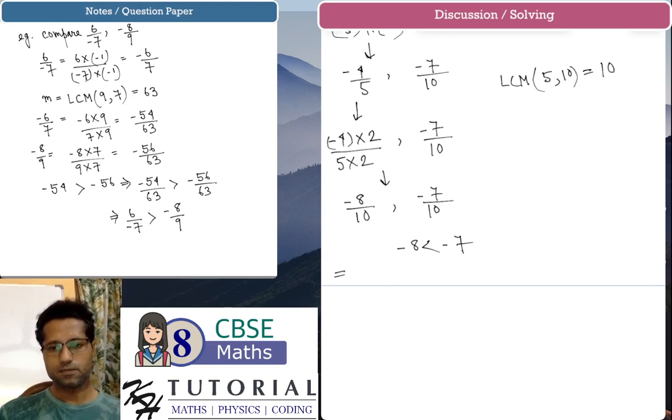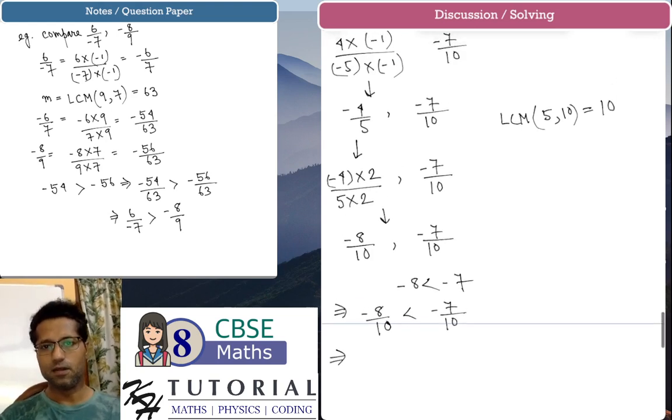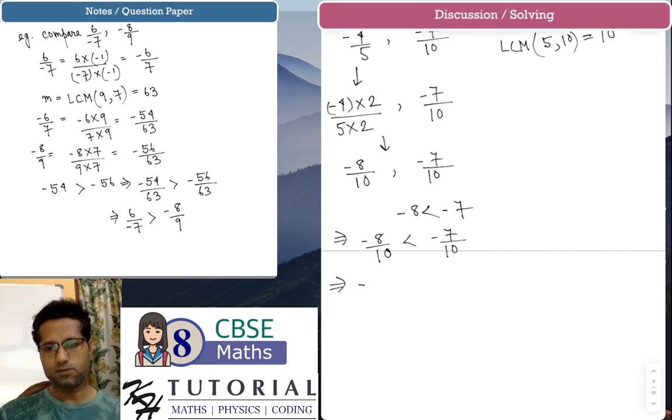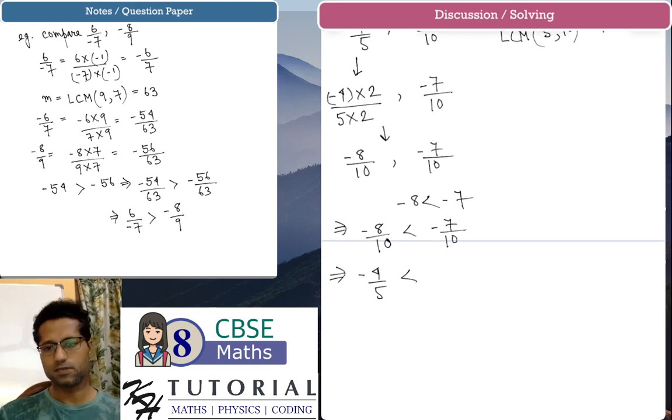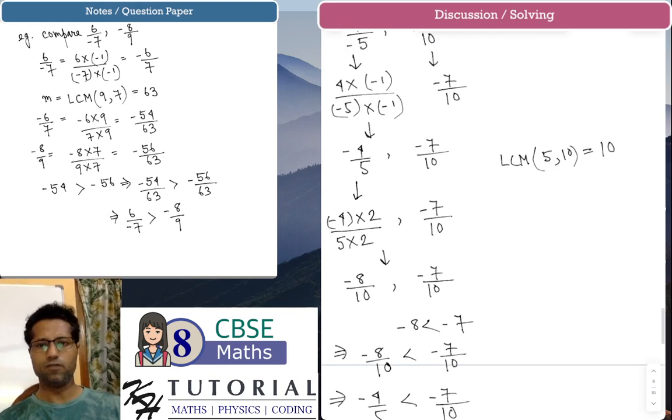So this implies that minus 8 by 10 will be less than minus 7 by 10, and this implies minus 4 by 5, the original rational number, will be less than minus 7 by 10, the original rational number, which was minus 7 by 10 only. So we get this.